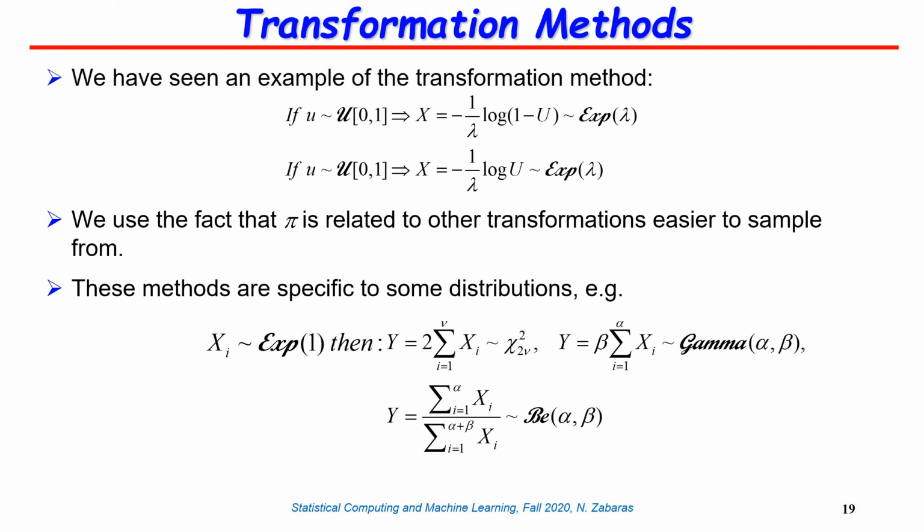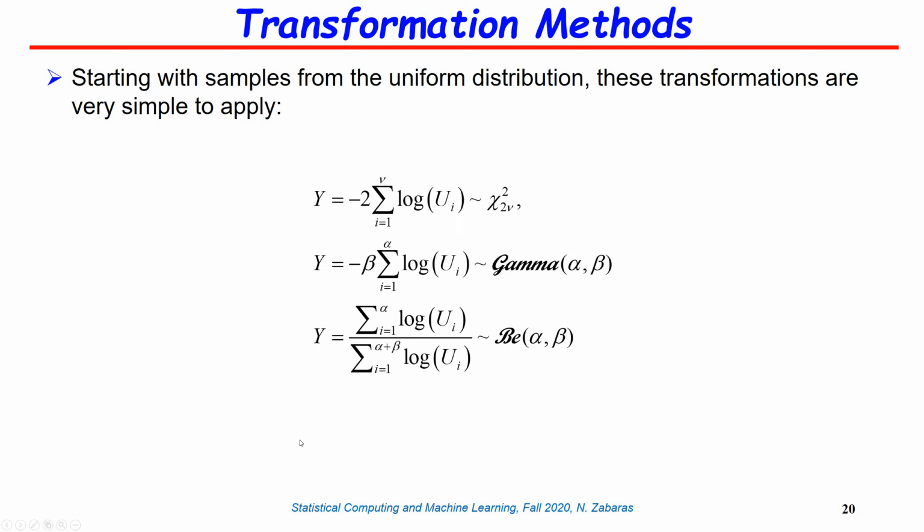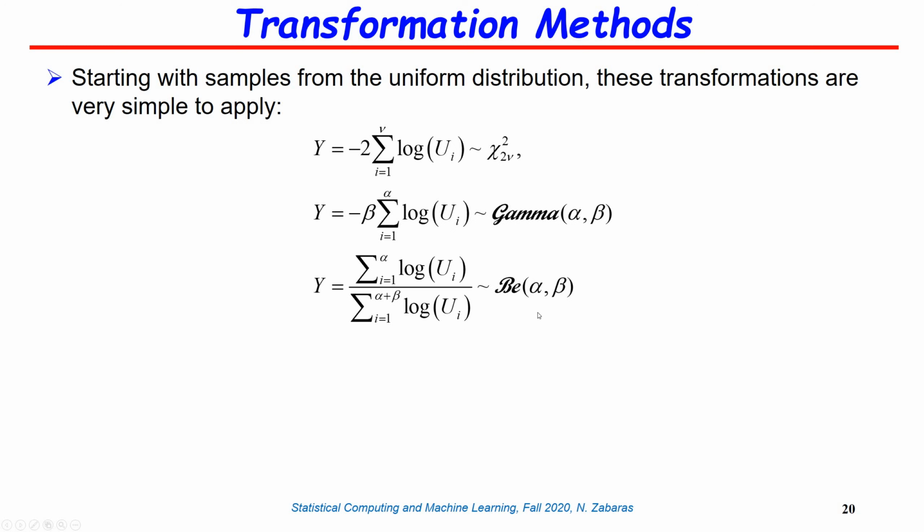Of course, the only limitation on what you see on this slide is that the parameters of the gamma and the beta distribution have to be like you see here, where we have a summation. Obviously, alpha has to be an integer, and in defining the beta distribution, alpha and beta have to be integers.